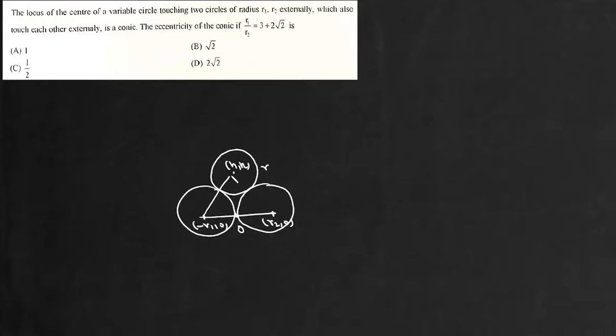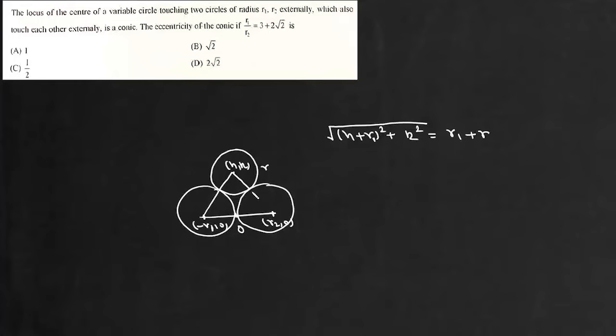Now these two circles touch each other externally, that means c1 c2, and c1 c2 is under root of h plus r1 square plus k square, that is equal to r1 plus r, and here this is r1.